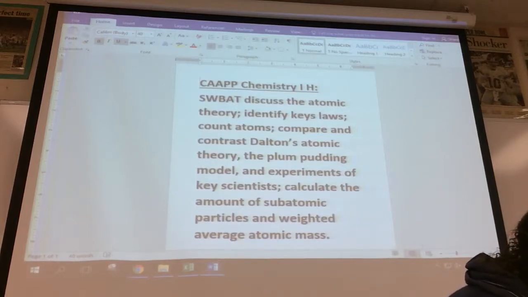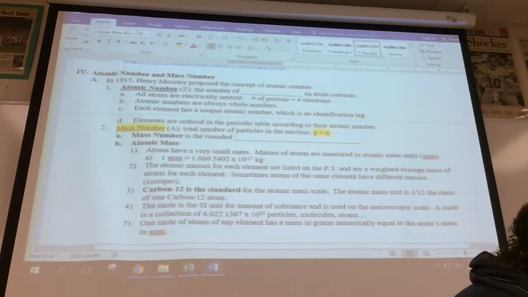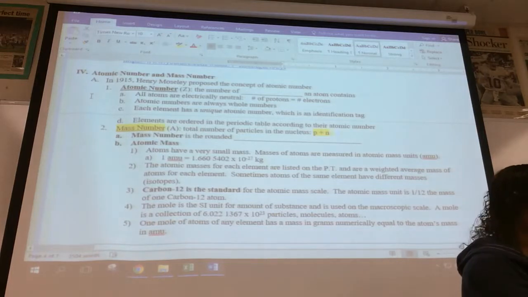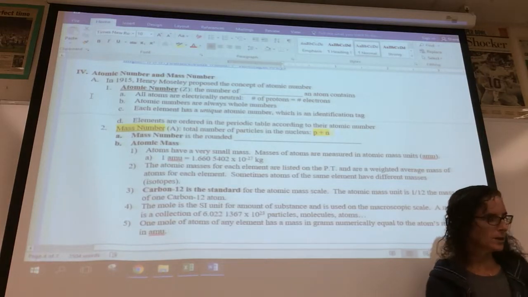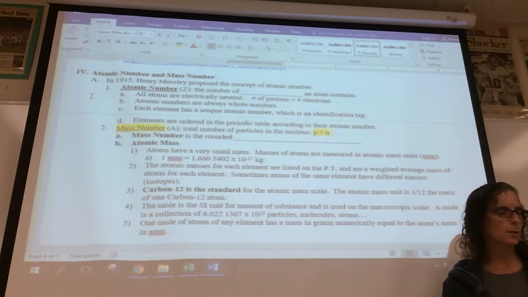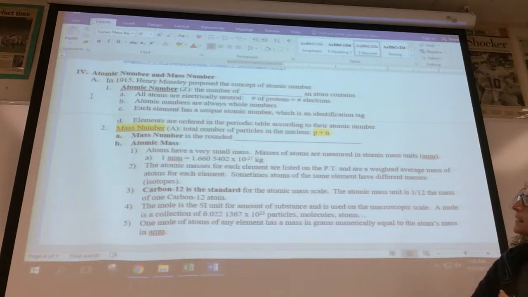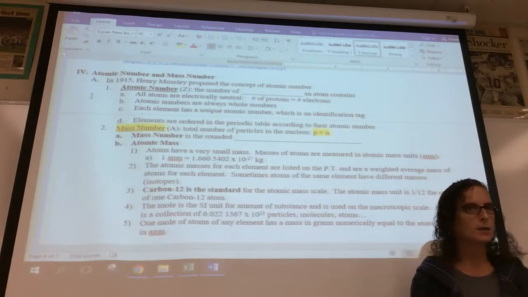In your notes, where we left off last time would be right here. We want to talk a little bit about atomic number and mass number and how they relate to subatomic particles. In 1915, Henry Moseley talked about the concept known as atomic number.